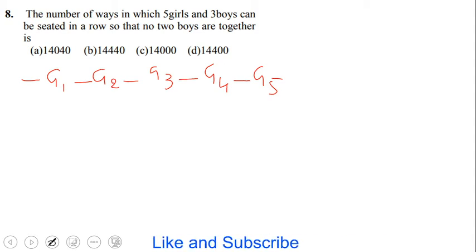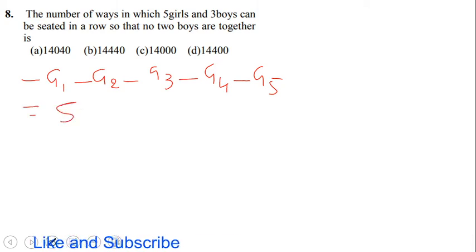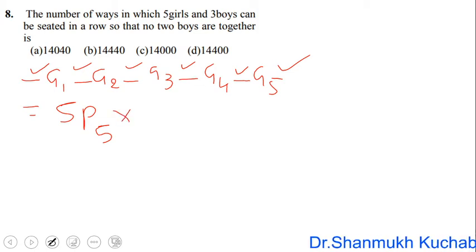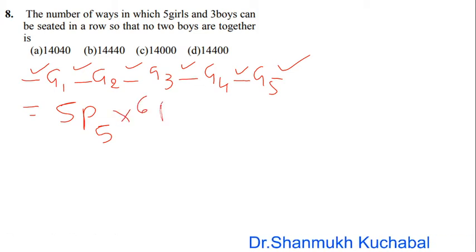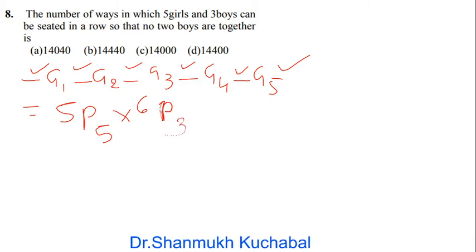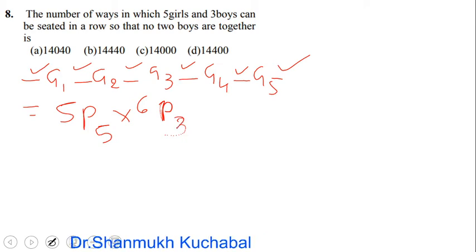So 5 girls can be arranged in 5P5 ways. Totally there are 6 places, 1, 2, 3, 4, 5, 6, for boys. According to this condition, we are taking 3 boys, so 6P3 it is.